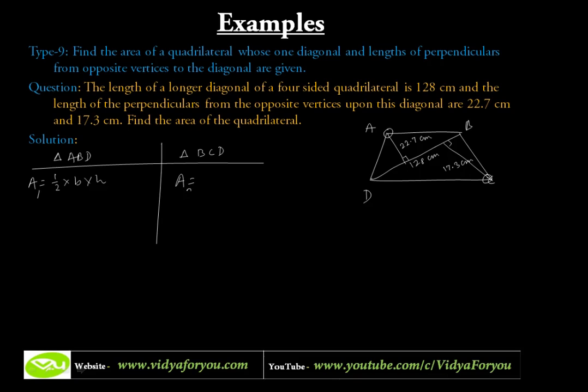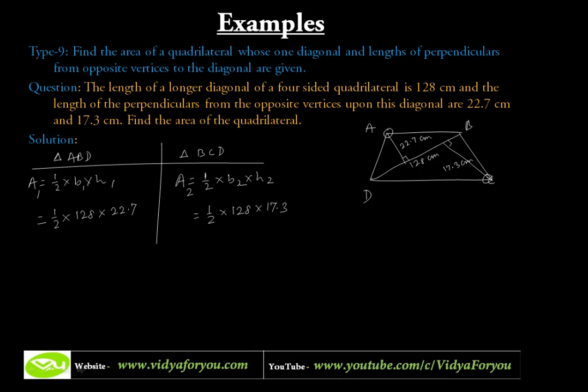Let's say A1, A2, half into B2 into H2. So this will be half into base. The same diagonal will be the base for both. So base 128, height is 22.7. And for this one, half into 128 into 17.3.